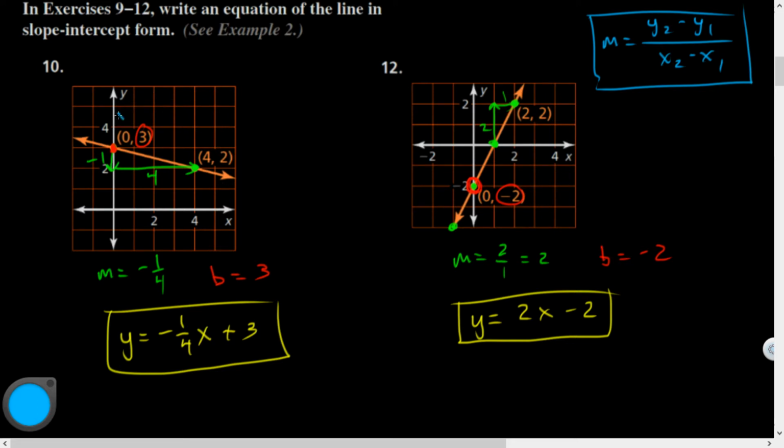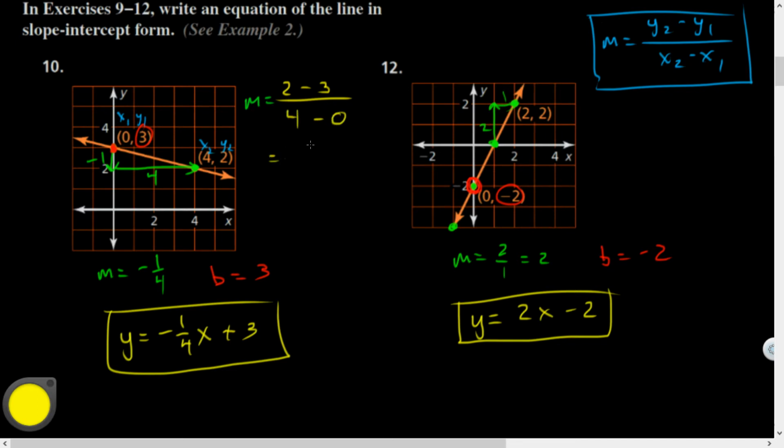So let's see. Here I've got a point x1, y1, x2, y2. I just want to show you that slope works off of the graph before I get to these last couple of problems. Maybe one problem, maybe two, I don't remember. So the slope, m, is going to equal y2 minus y1 over x2 minus x1.